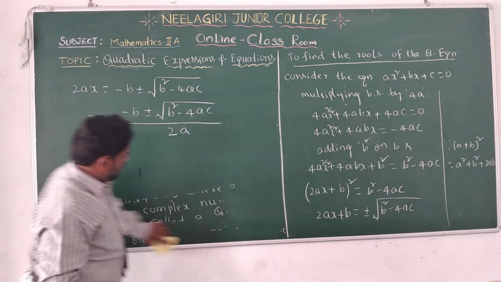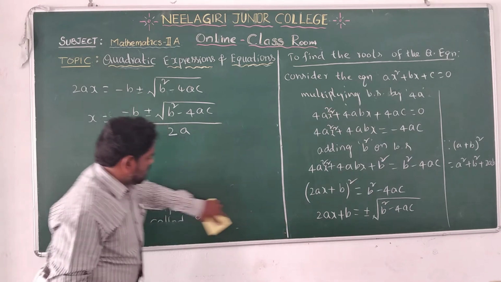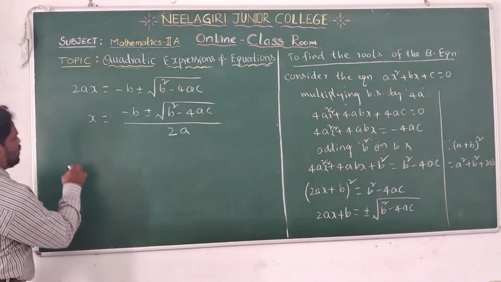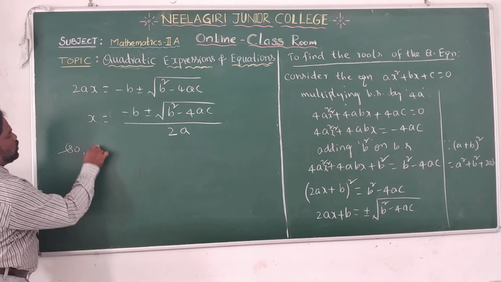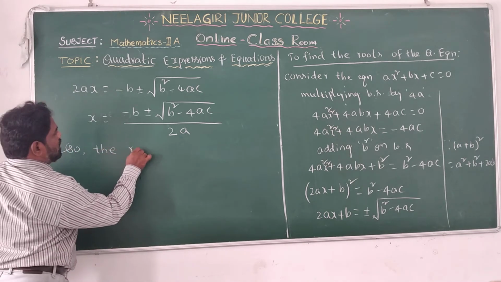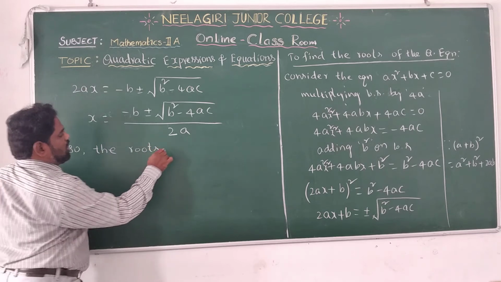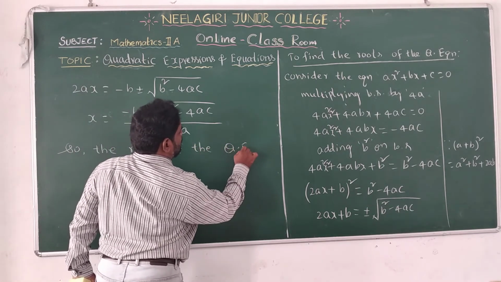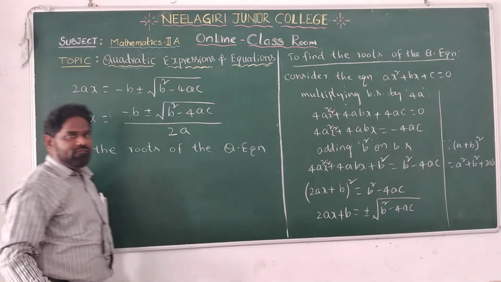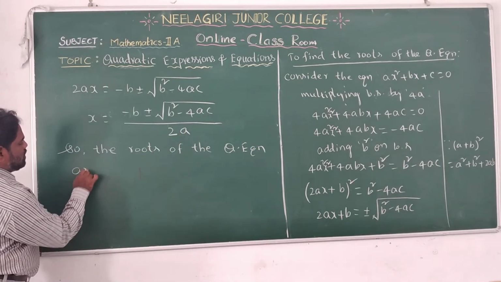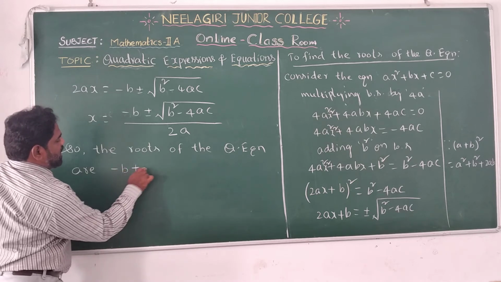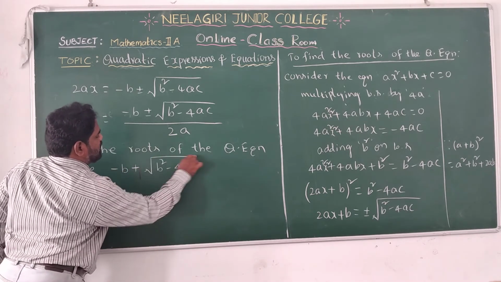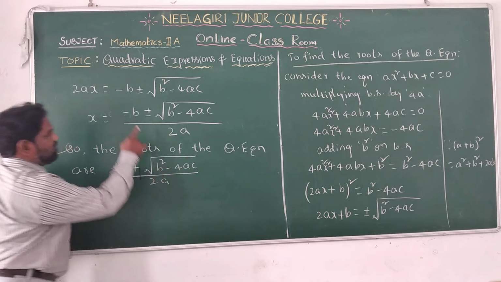So the roots of the quadratic equation are: minus b plus root b square minus 4ac by 2a, one root.